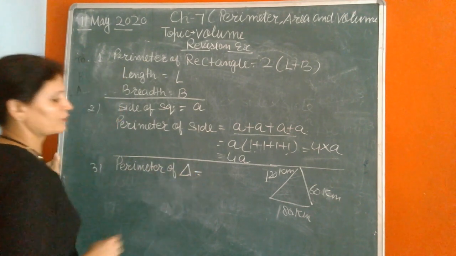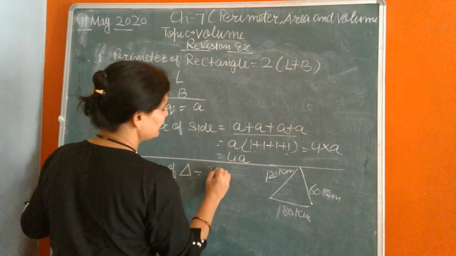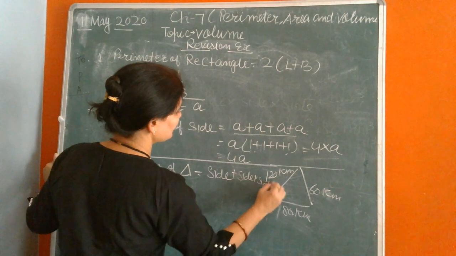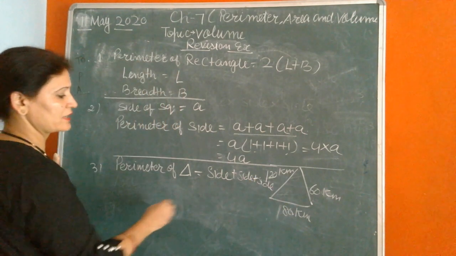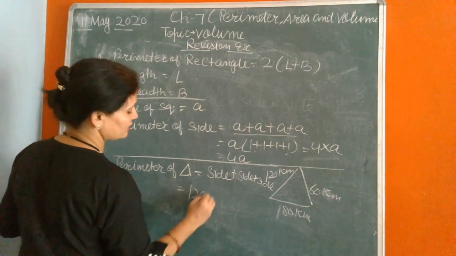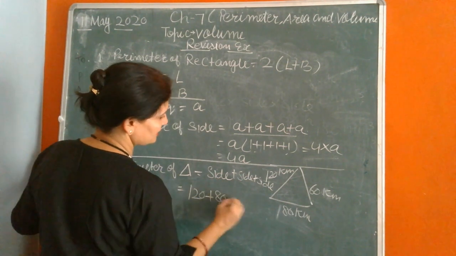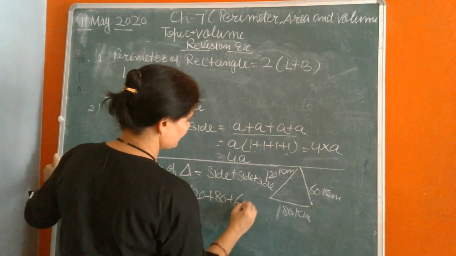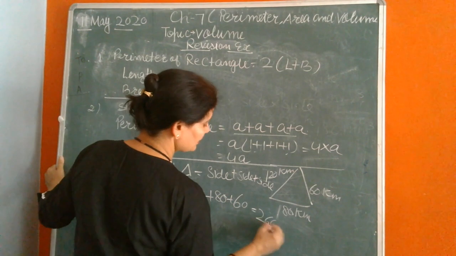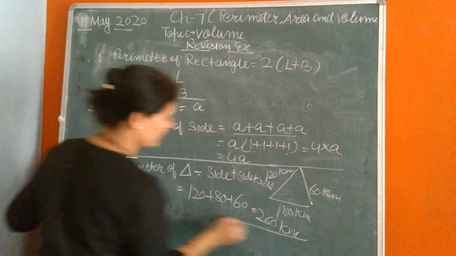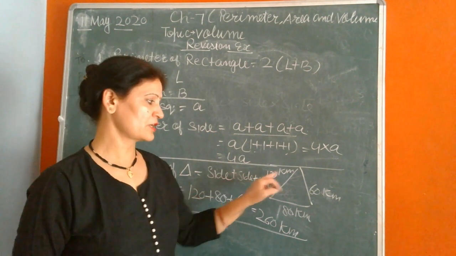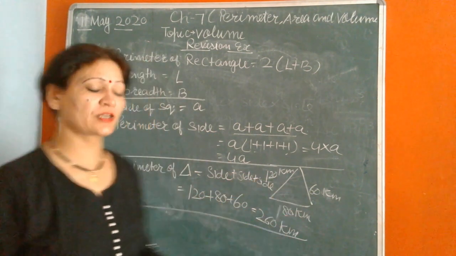What is the perimeter of a triangle? Side plus side plus side, because our triangle has 3 sides. One side is 120 plus the other side 80 plus the third side 60, which is 260 kilometer, the perimeter of the triangle.